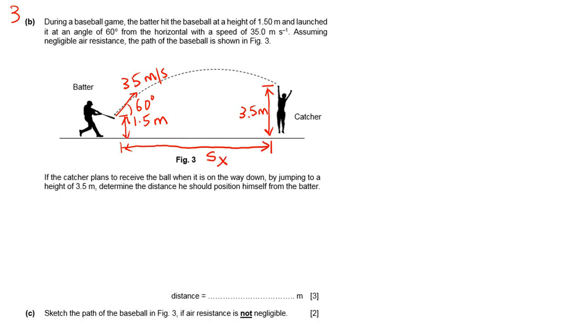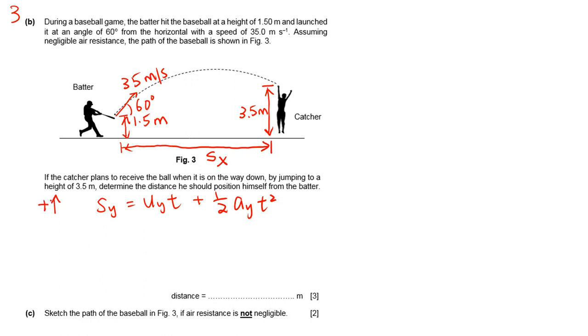To solve this question, I'm going to use the kinematics equation in the vertical motion. I'll be using Sy equals uy t plus half ay t squared. I'm going to take upwards as positive.